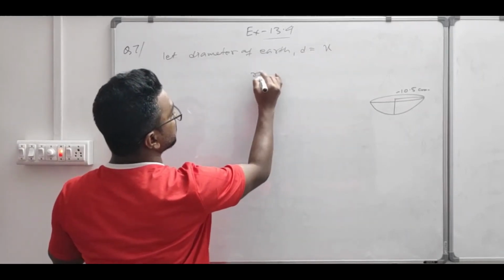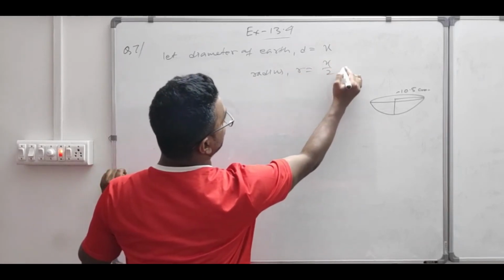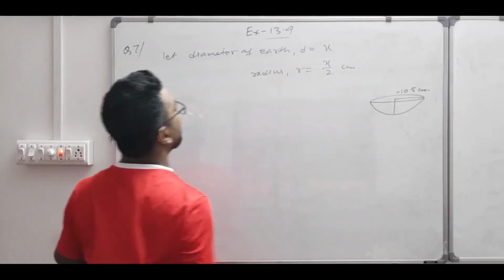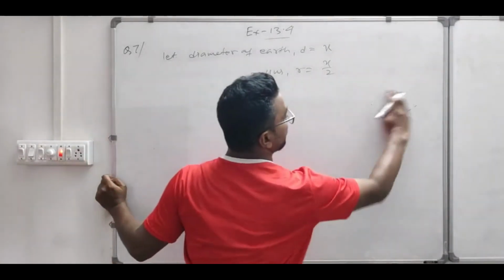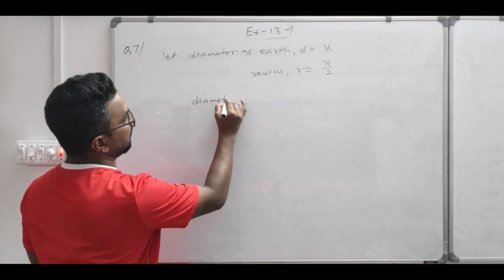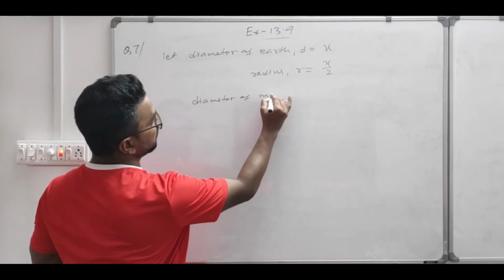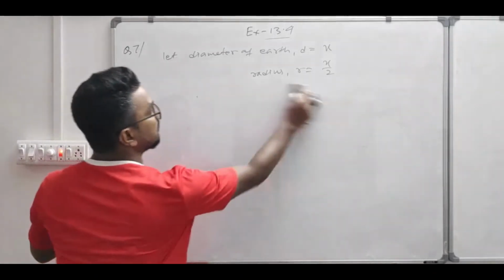So what will be the radius? Radius r will become x by 2. Okay, x by 2, no need to write the unit. Fine. Next, diameter of moon. Okay, let me find the surface area for this first.